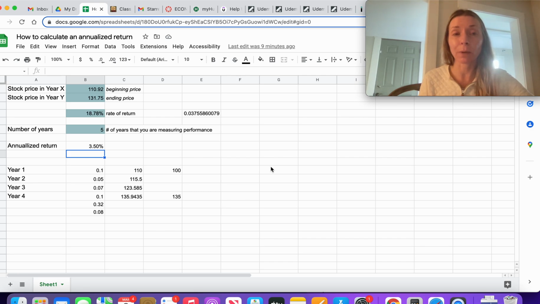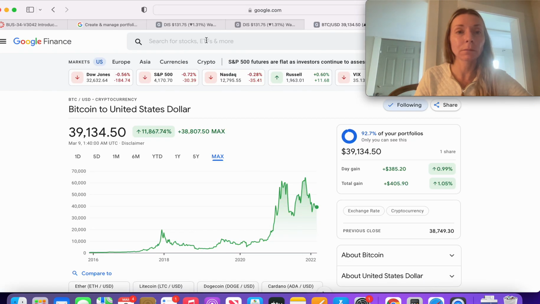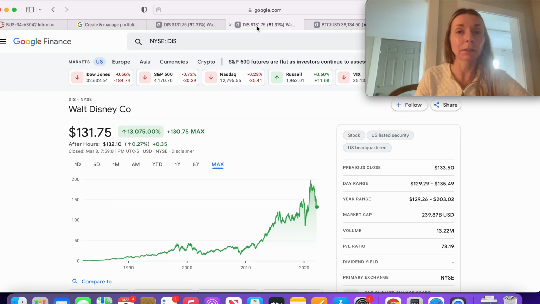One basic way to do this is to look at my returns on the stock over time, and then to look at my annual returns, because we're going to have volatility, right? We've got a lot of volatility in the stock market right now. So let's go back and look at Disney.